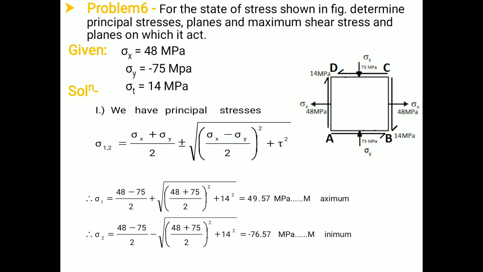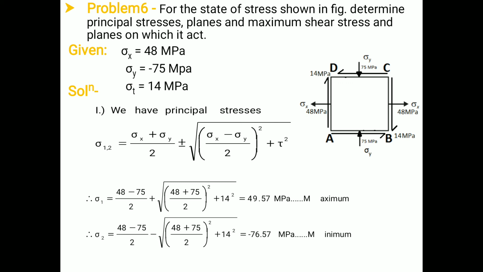So the data is sigma x 48 MPa tensile in nature, therefore it is positive, sigma y minus 75 MPa as it is compressive in nature, we have the minus sign, and the value of tau is 14 MPa.